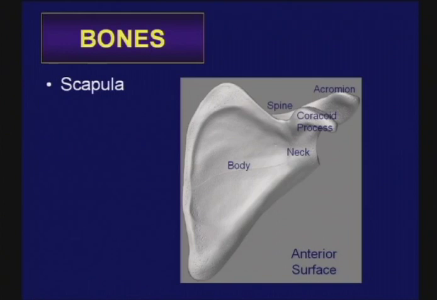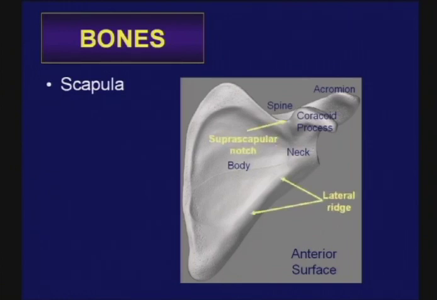The first thing we do is take a look at the scapula, looking at its anterior surface, seeing what is regarded as the scapular body, the scapular neck, the coracoid process, the spine of the scapula, which terminates in the acromion. There are several other landmarks.